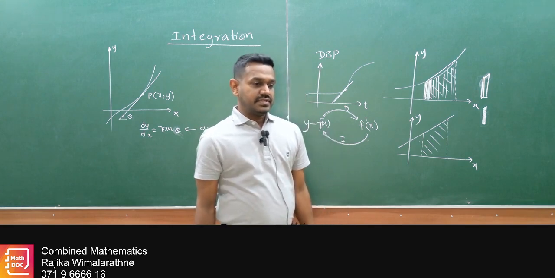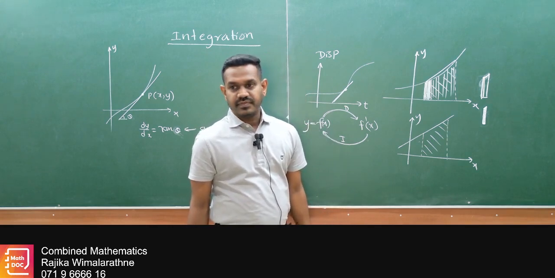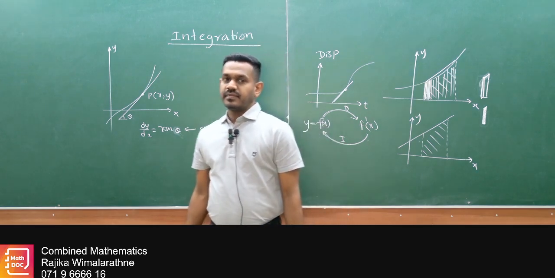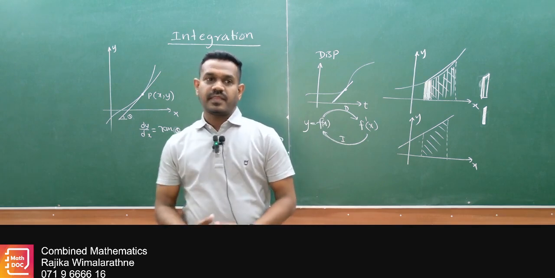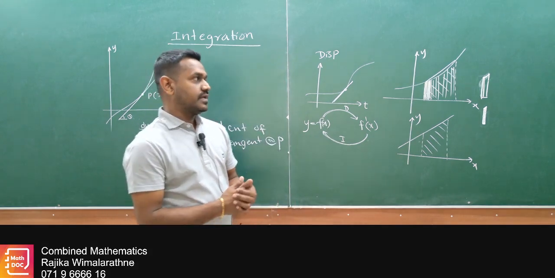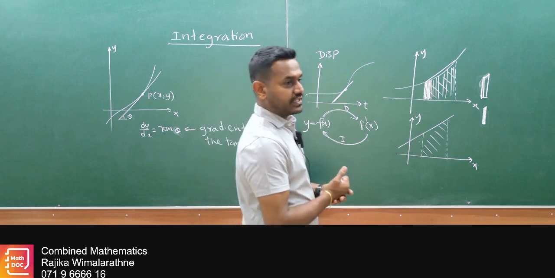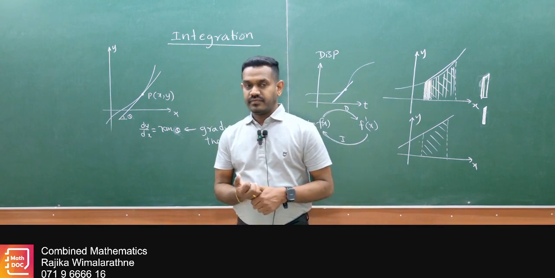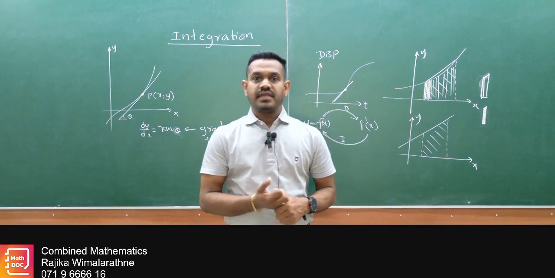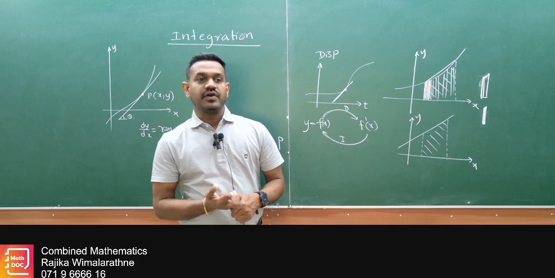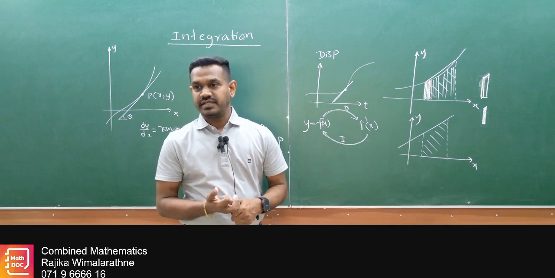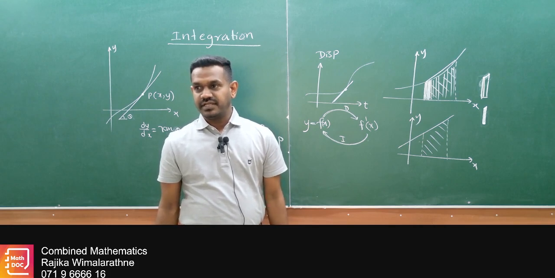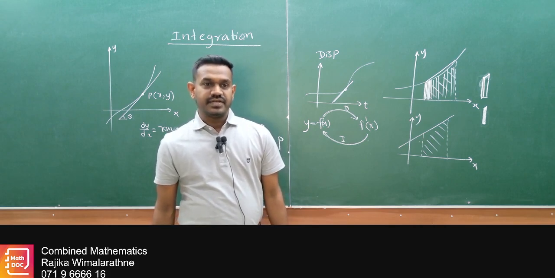By differentiation, the gradient of the tangent drawn to the curve at a certain point is given.